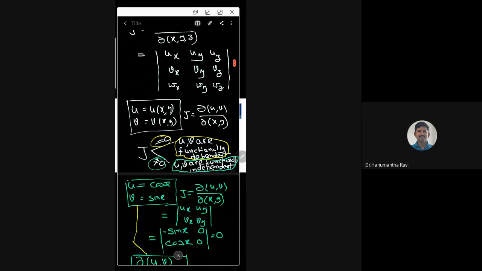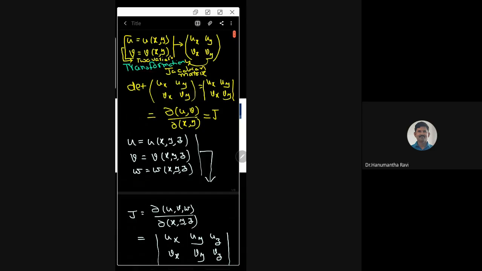So here we introduced the idea of Jacobian. When we have two functions of two variables, that is what we call a transformation. We are moving from the xy frame to the uv frame. In such a case, we are associating a matrix, the Jacobian matrix, ux uy, vx vy, and its determinant is called the Jacobian.